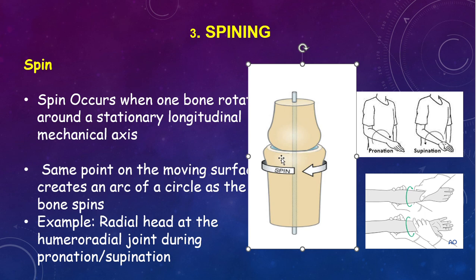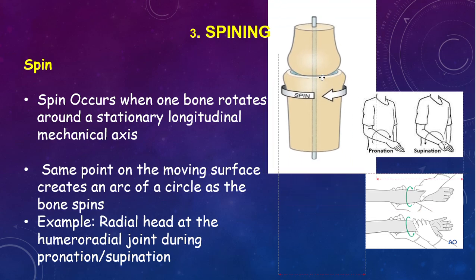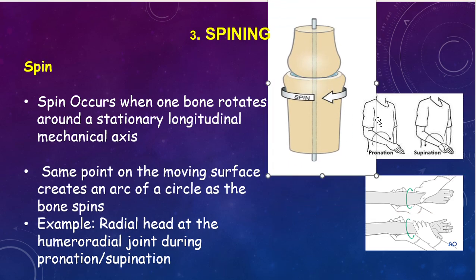Spinning takes place when the lower bone rotates about the longitudinal axis of the stable bone. Do you understand? And that's what we have in pronation and supination. There's a longitudinal axis down the humerus, and the head of radius rotates clockwise about that longitudinal axis to make pronation, and it rotates anti-clockwise about that longitudinal axis to make supination.